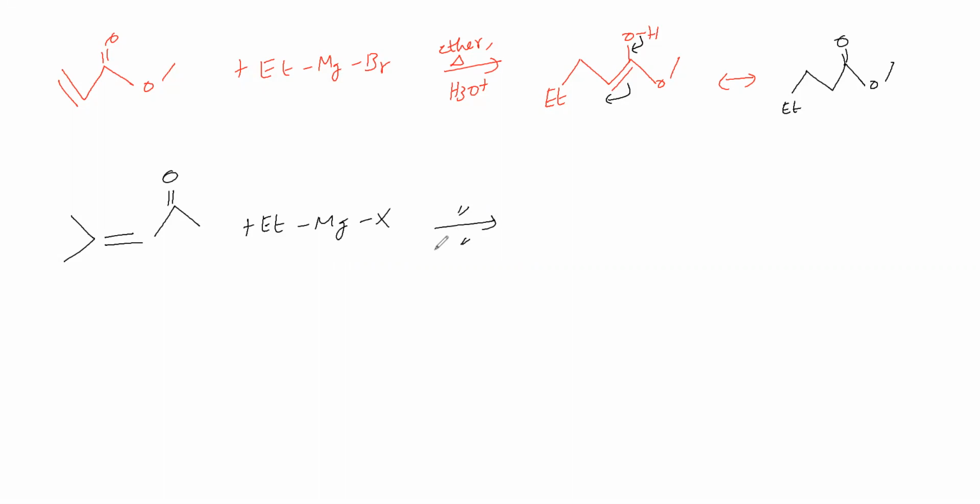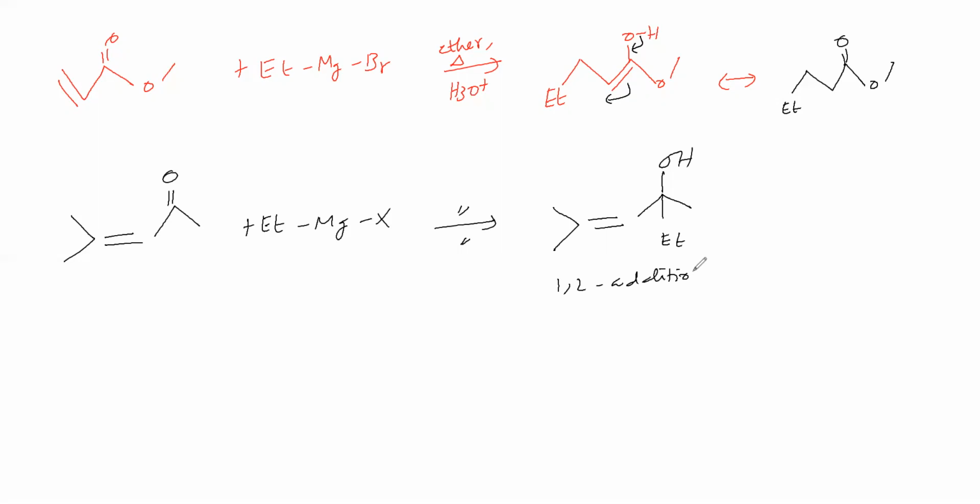Here we will write 1,2 addition. 1,2 addition means hydrogen is added at this oxygen, and at the second atom, an ethyl group is added. So O becomes OH, and at this carbon an ethyl group is added. It is the 1,2 addition product.